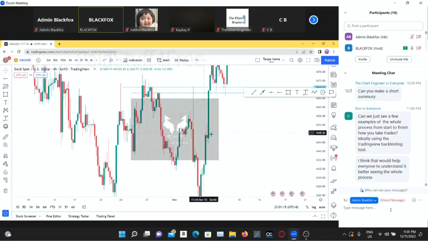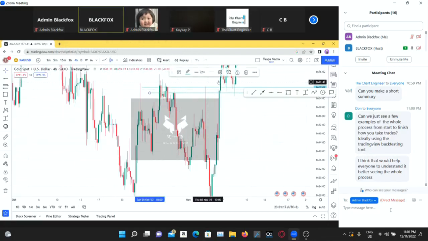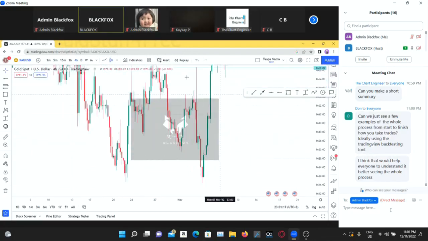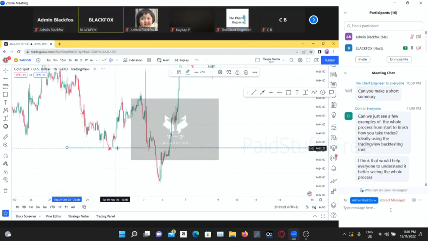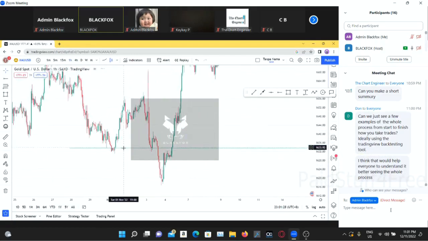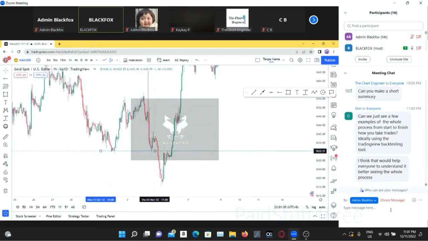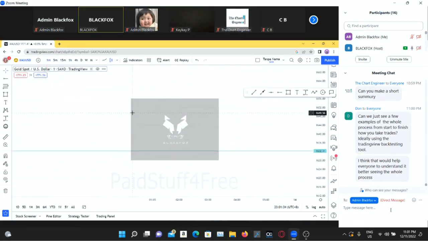And then for confirmation, if the price comes to the SNR level, we will wait for a breakout of the trend line at M1, breakout and instant entry, just like that.